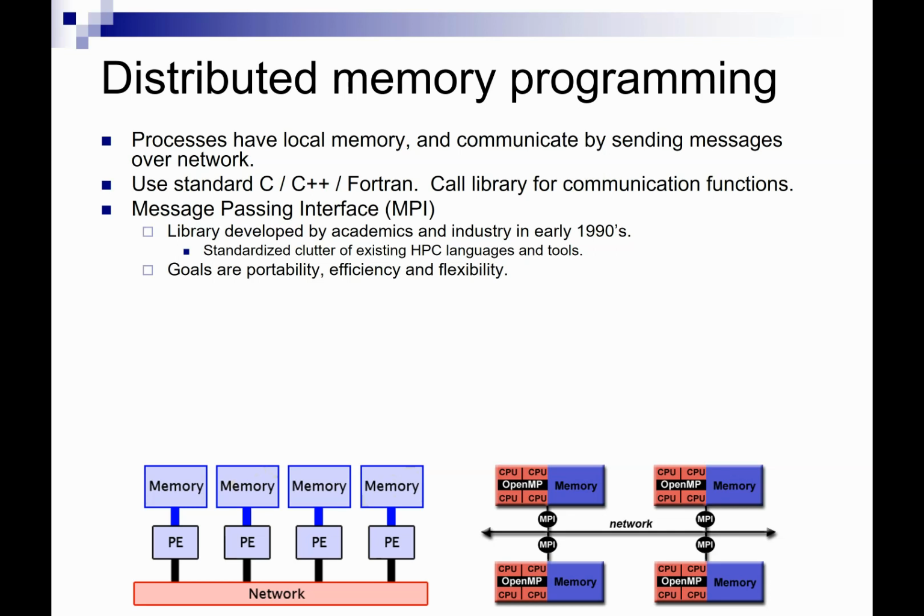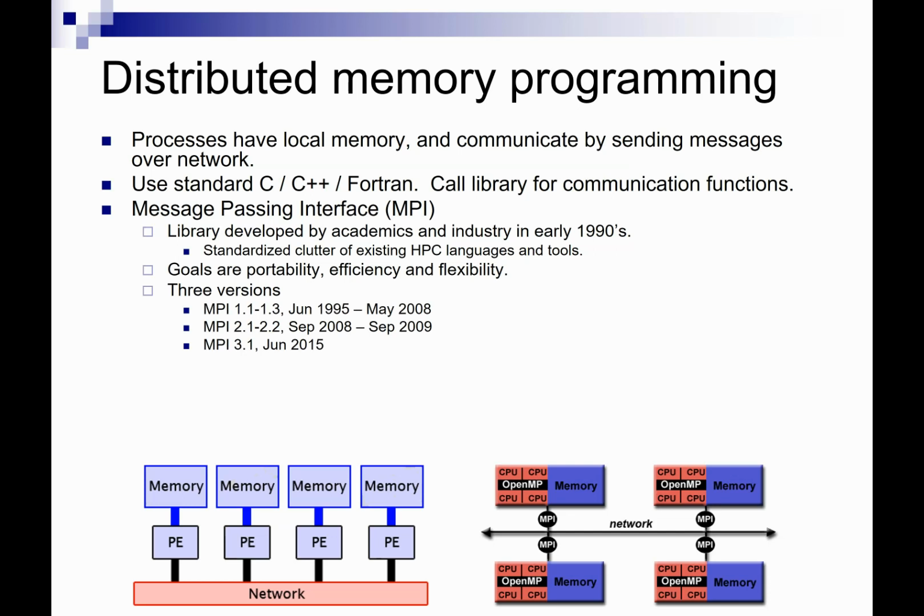But at least they wanted people to be able to write the same code and for that code to compile on different architectures. They also wanted to make MPI as efficient as possible, so they added various functionalities for efficiency. And they wanted to make MPI a very general and flexible library so that you can write basically any type of distributed memory program that you want.